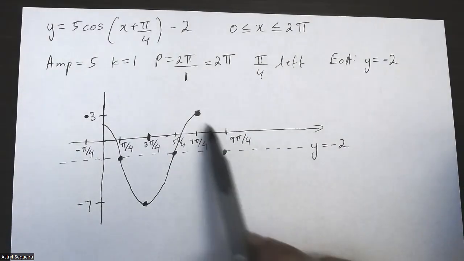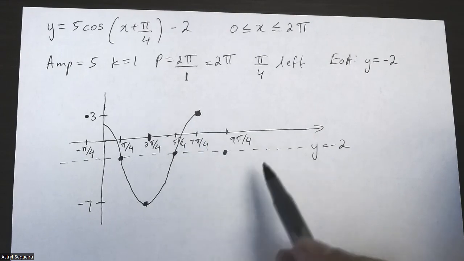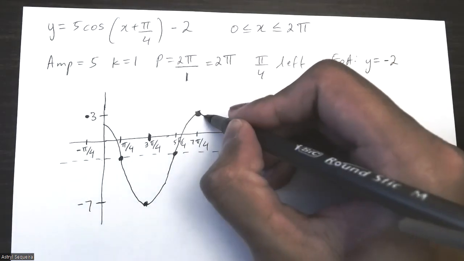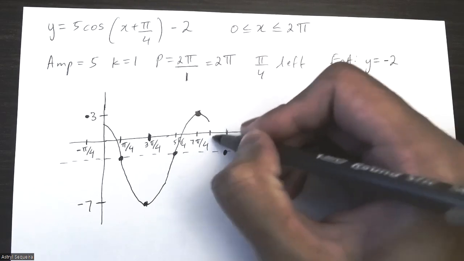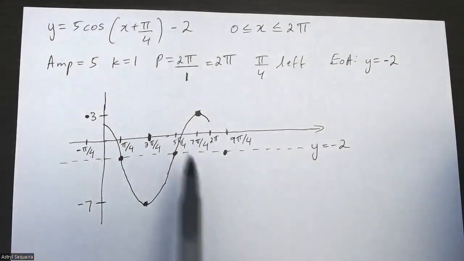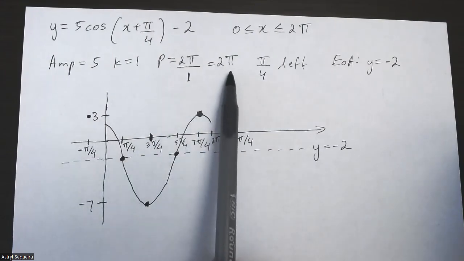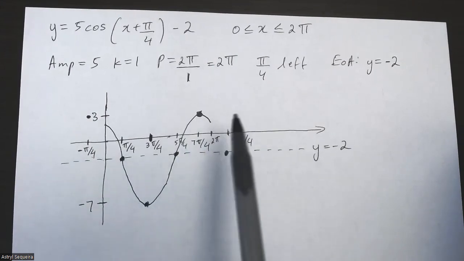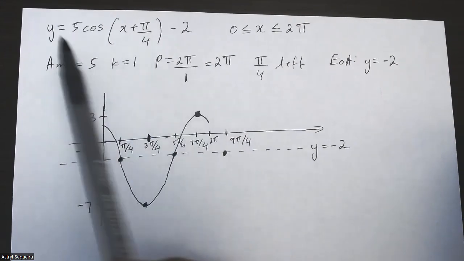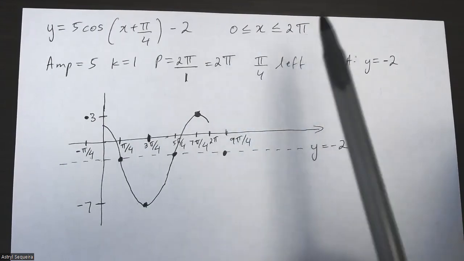So I know I definitely don't want to hit this point. Basically I just want to go a bit till I reach 2 pi. Now these two will be at the same exact height, and that's one full cycle, basically with a period of 2 pi. So that's how I would draw this equation in between 0 and 2 pi.